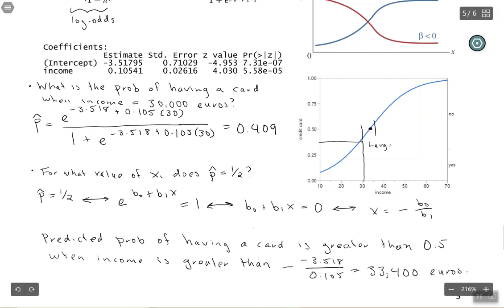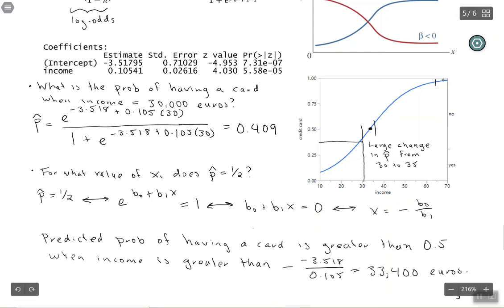The predicted probability changes a lot. So we have a large change in p hat, or the predicted probability of having a card, as we go from 30 to 35. So that seems to be sort of an important point according to this model.